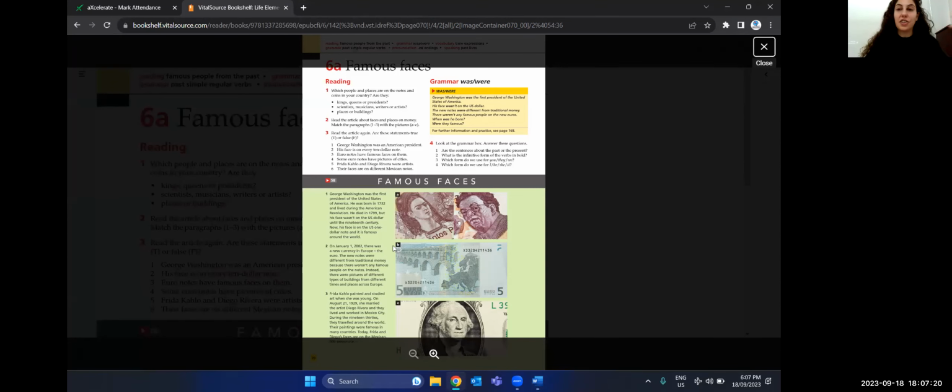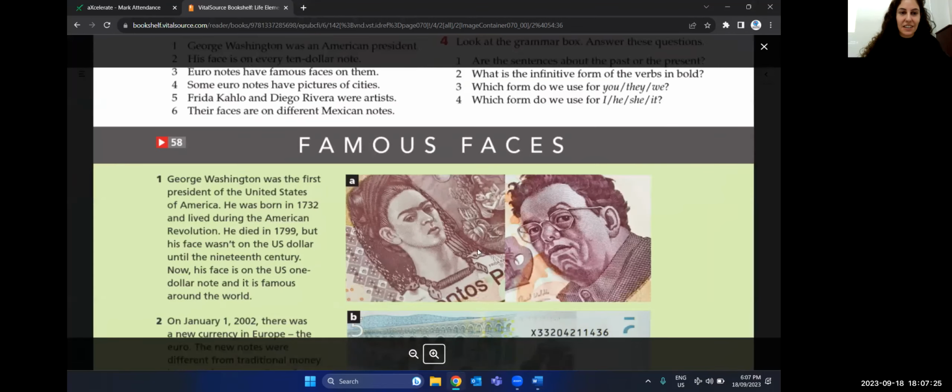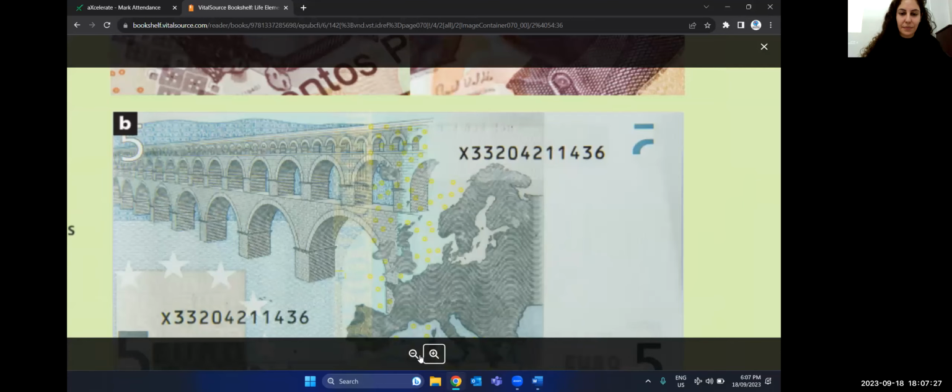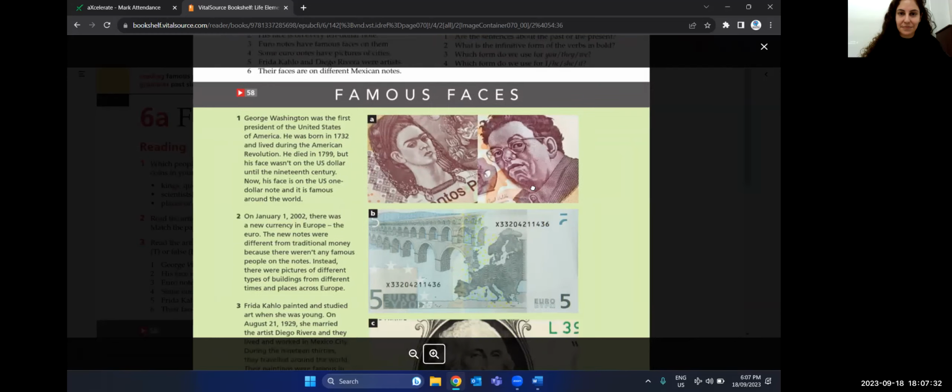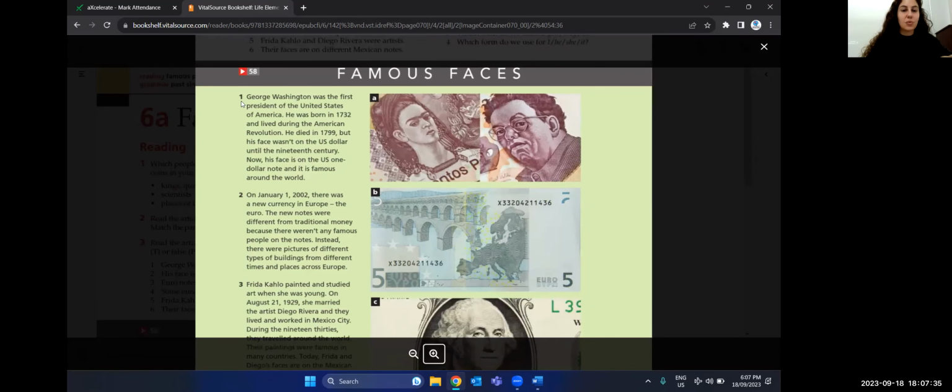We're going to read an article and you can repeat after me so we can practice some pronunciation. So we have famous faces. Okay, George Washington was the first president of the United States of America. He was born in 1732 and lived during the American Revolution.